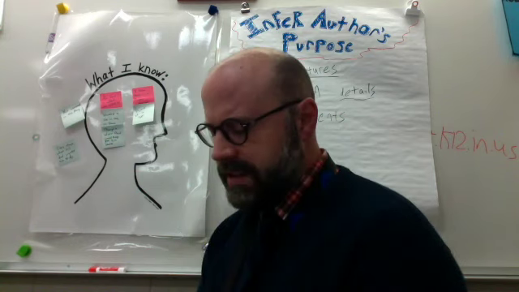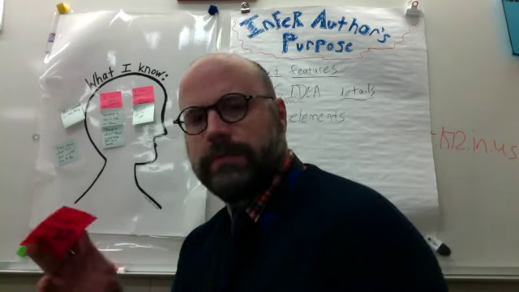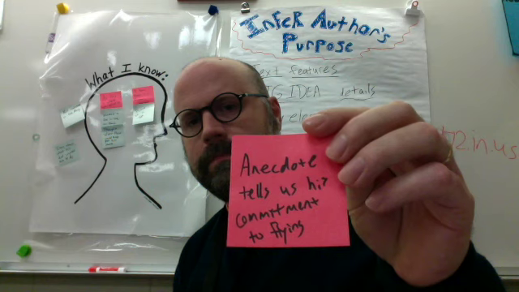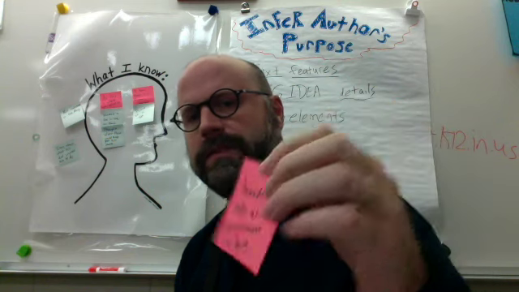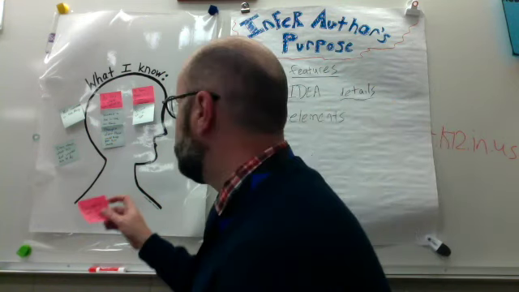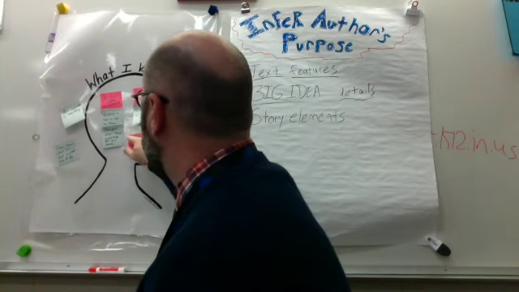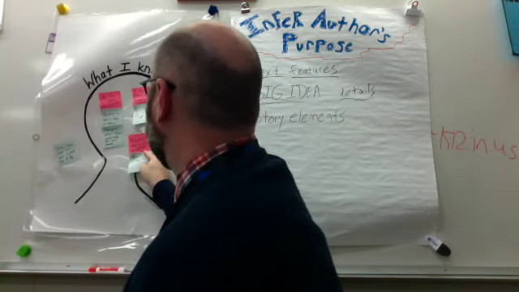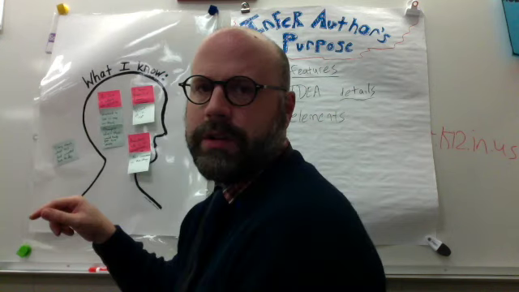So, he has an anecdote telling us his commitment to flying. He's committed to flying, so much so that he wants to get in the Air Force. So he's not interested in the Navy. What are people in the Navy famous for? Ships, right?